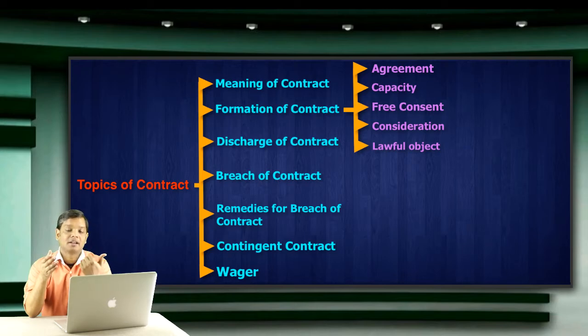In a contract, capacity must be there, in the sense of whether he is a minor or major, or insane, or something like a criminal or a traitor. So all these aspects are covered under capacity. So who can contract? Who has the right to contract? We have discussed all these things while discussing the concept of capacity.